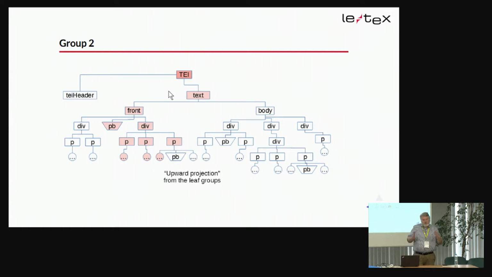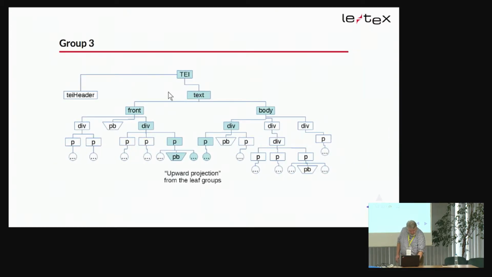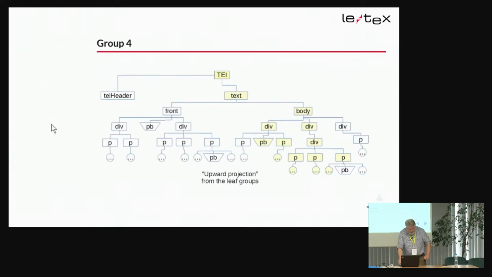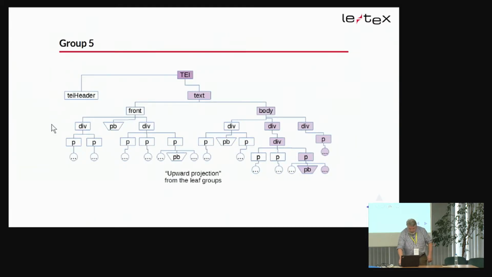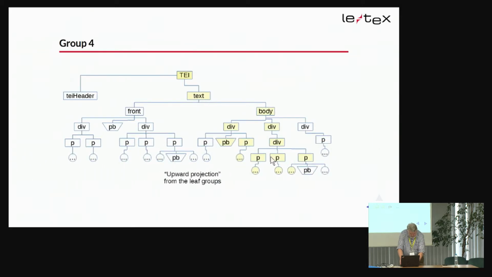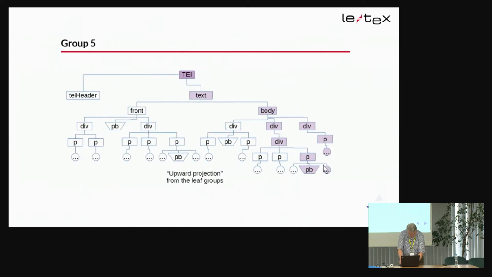And the final chunk for this page is then restricted to what is marked here. And the fifth group would be this. There's some repetition among the groups, which is clear. I mean, this div is a common ancestor of what is here and what is there.